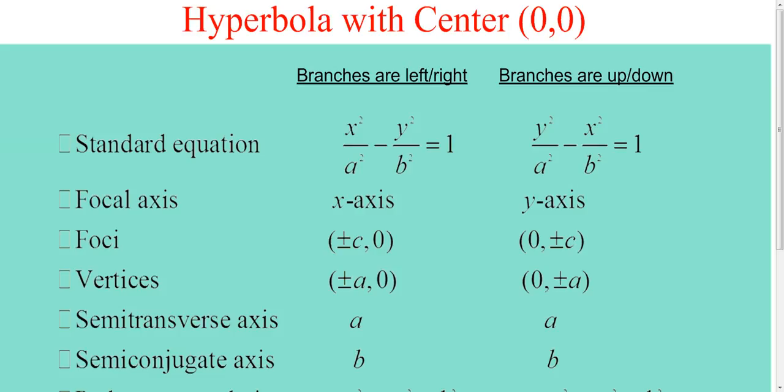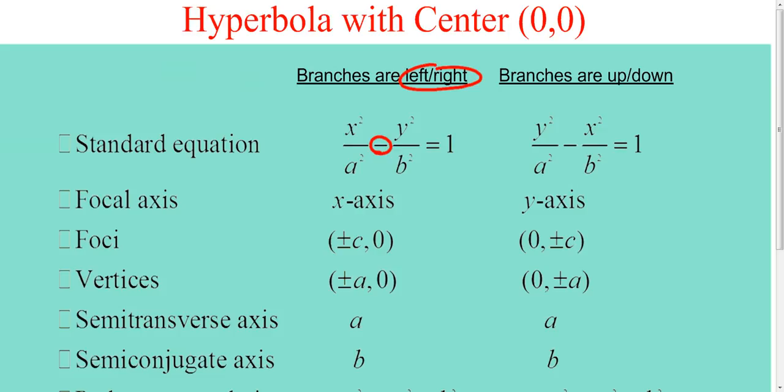Here are your handy dandy little formulas. I do want to point out that when you have a negative sign in between, you cannot subtract in any order. So I cannot switch these around and rewrite y squared over b squared minus x squared over a squared if it's a left-right hyperbola. I have to have them in this order, with x listed first.